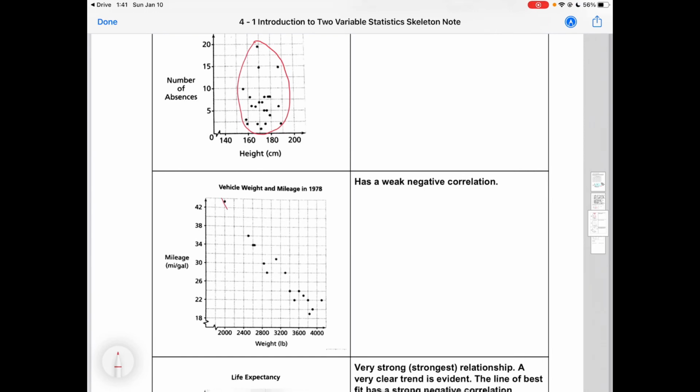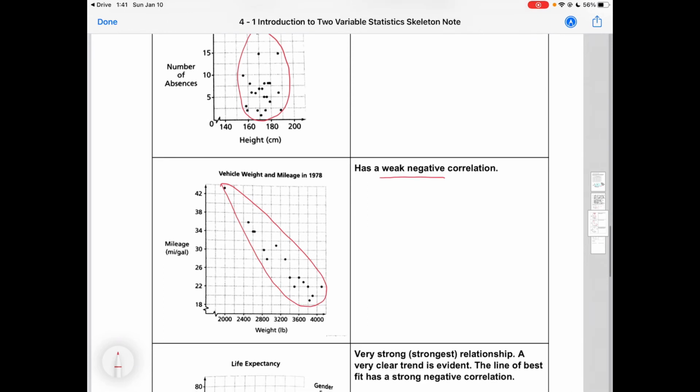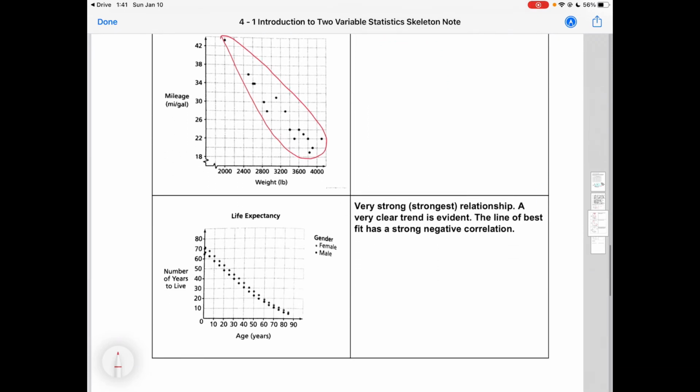Moving on to example 2C here. If I draw a circle around my cloud of points, what I can see is that as I move to the right on the graph, my points are trending downwards, but they're not that close together. So I would say they have a weak negative correlation. The next graph, if I draw a circle around my cloud of points, they're clustered very closely together, and as I move to the right, my points are decreasing.